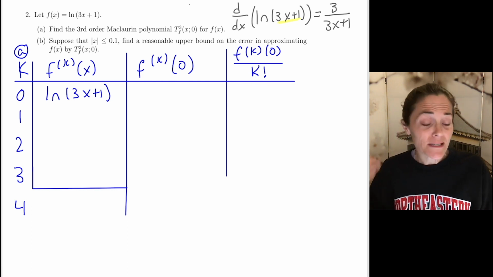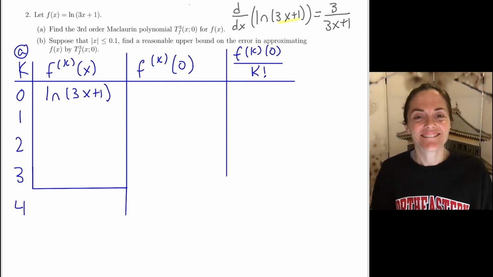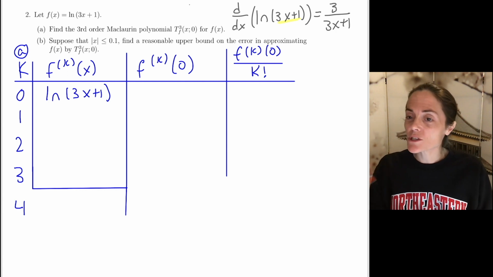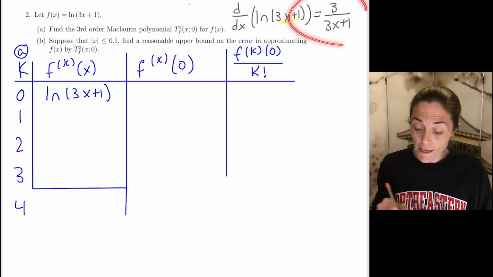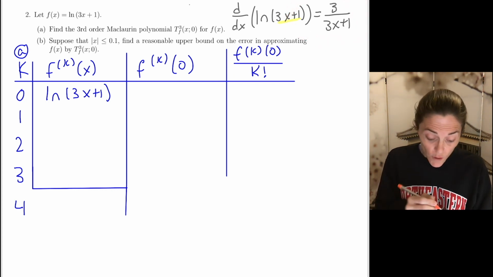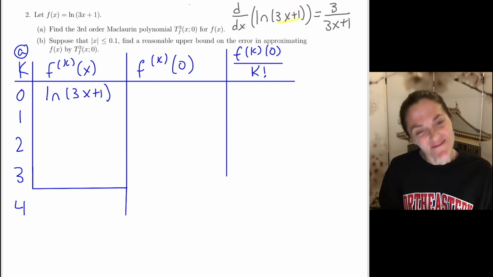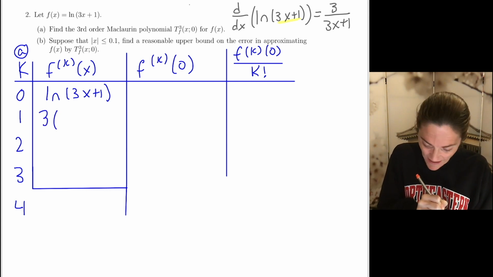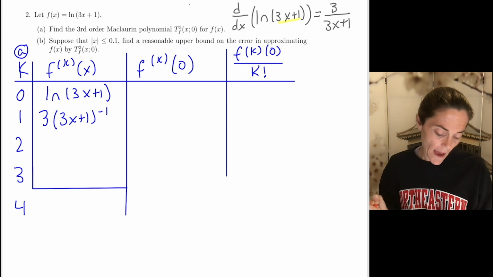Now, I'm going to be differentiating again and again and again. And so I'll just go ahead and write this derivative right here as a power. It will make future derivatives simpler. So this is 3 times (3x + 1) to the negative 1 power.